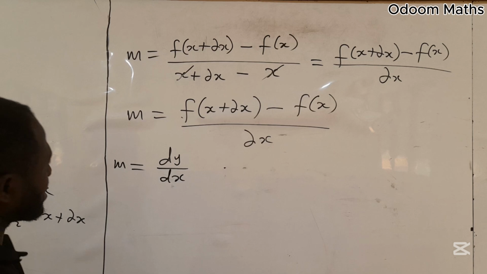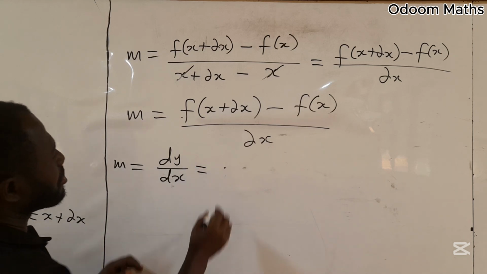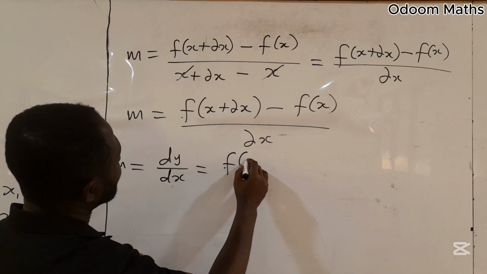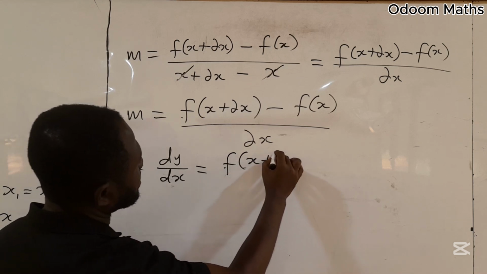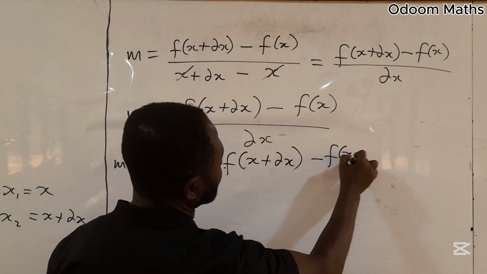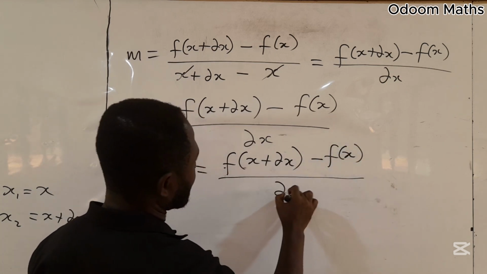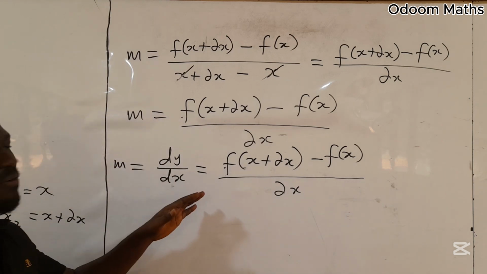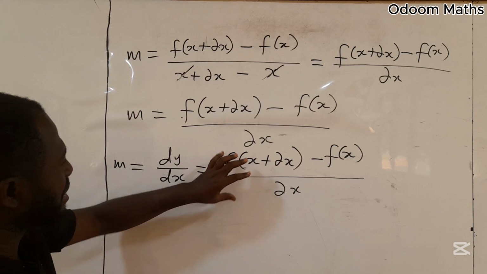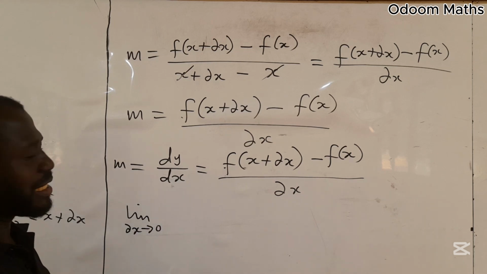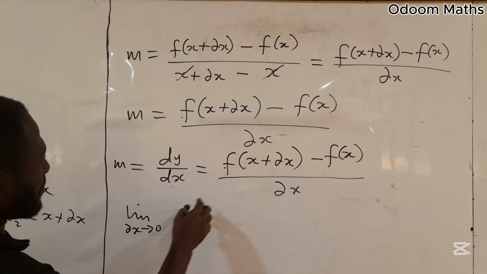So dx, and that is equal to f of x plus del x minus f of x all over del x. Okay, now if I am told to find the limit of this gradient, so that is going to be the limit as del x approaches 0 of this one.